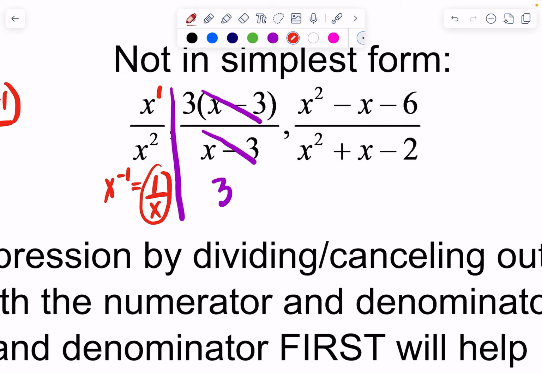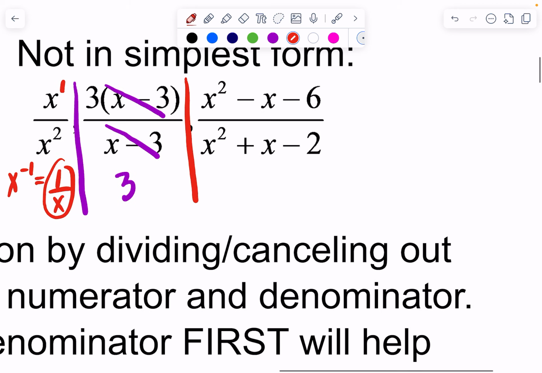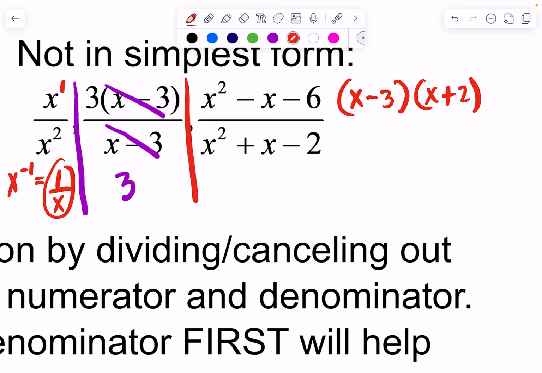And then if we go ahead and factor the numerator and the denominator, I'm going to get x minus 3 times x plus 2. And here in the denominator, I'm going to get x plus 2 times x minus 1.